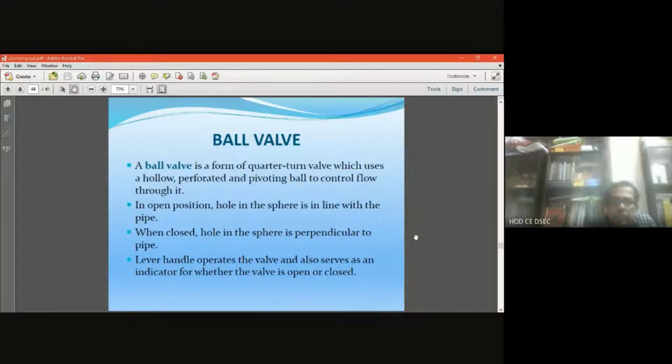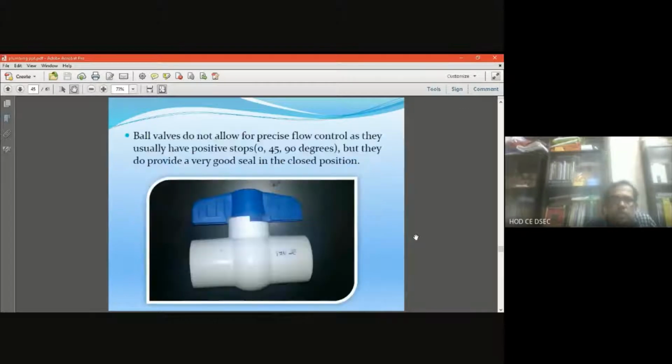We can understand whether the valve is open or closed by operating the lever arm fitted at the top. This is the blue one, and the top is the lever arm. We rotate 90 degree for full obstruction of the flow, or 45 degree for partial obstruction. Maximum it will turn a quarter turn.